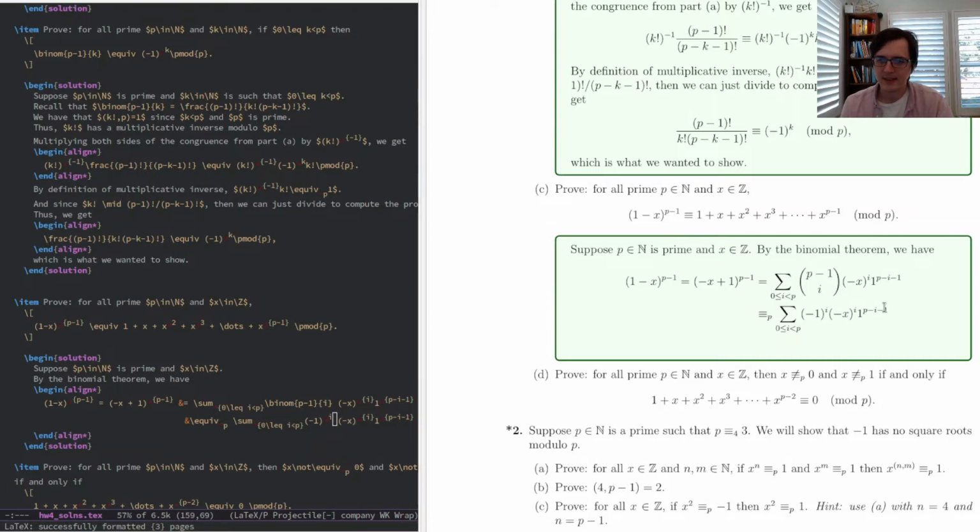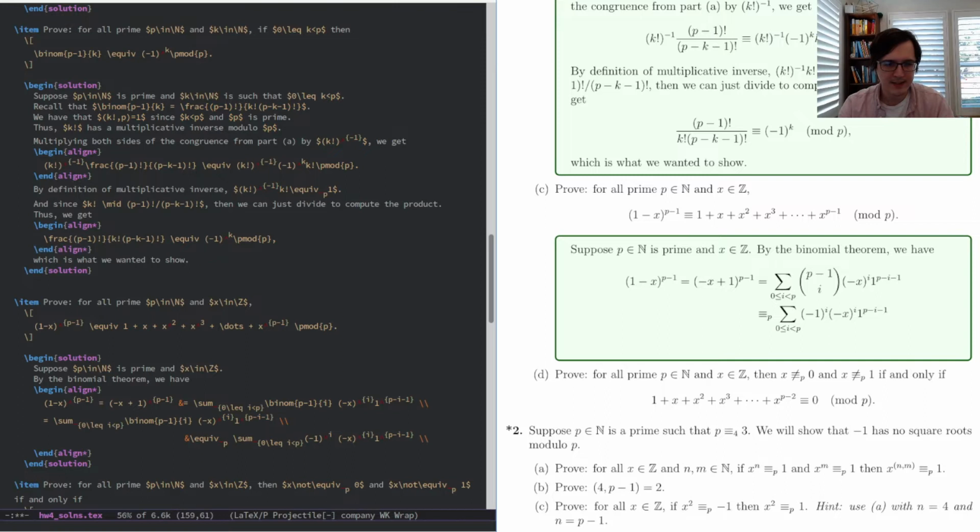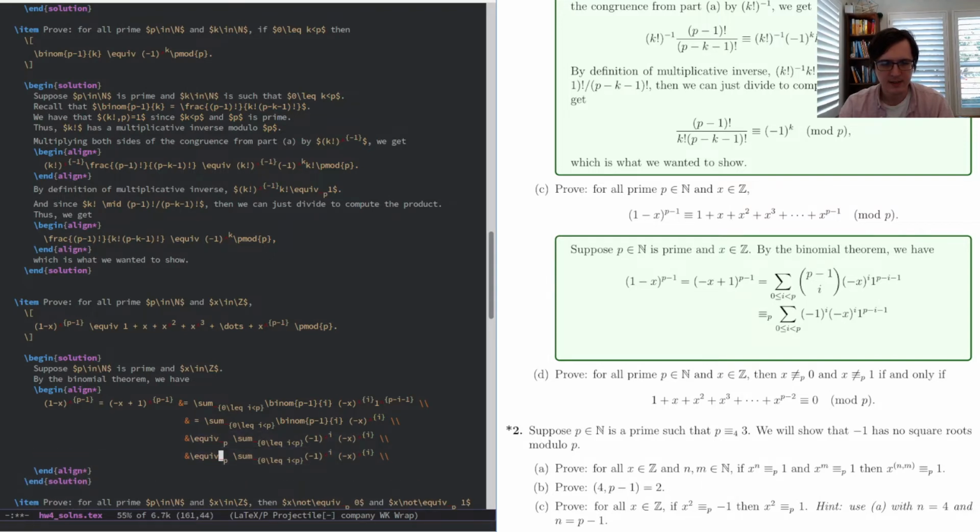So then, well, okay, first let's simplify it. That 1 is not doing anything. And then that's equivalent. And then that is equal, so the minus 1's cancel out, right?